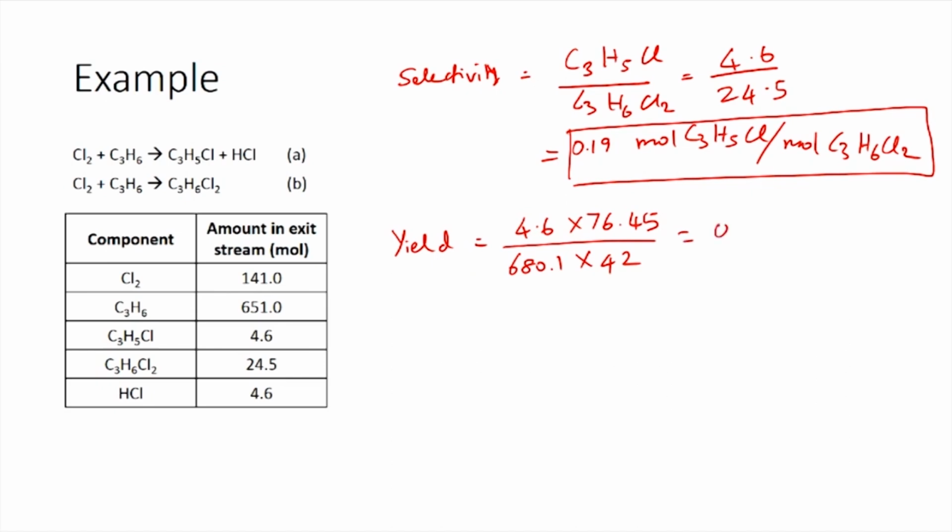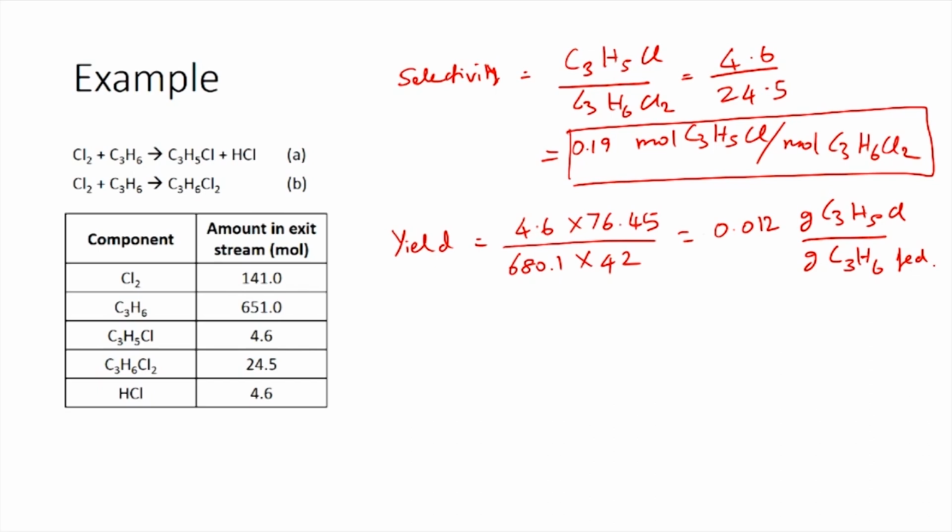So, this gives you a value of 0.012 grams of C3H5Cl per gram of C3H6 which is fed. So, this gives you the yield that has been asked for.